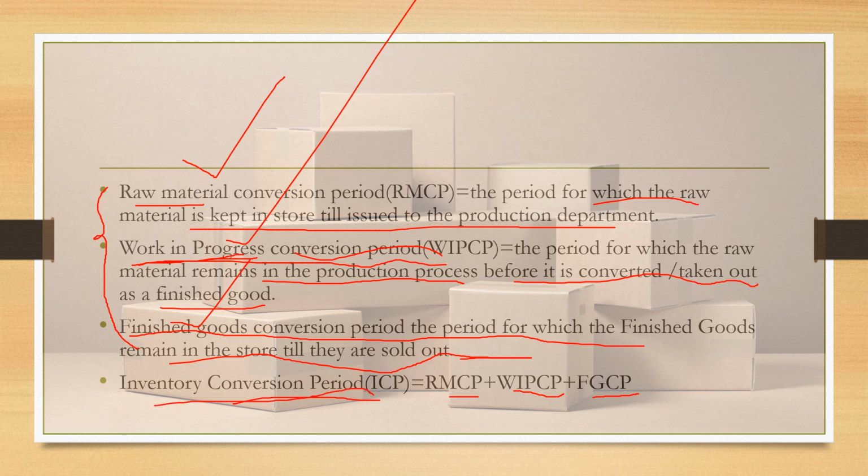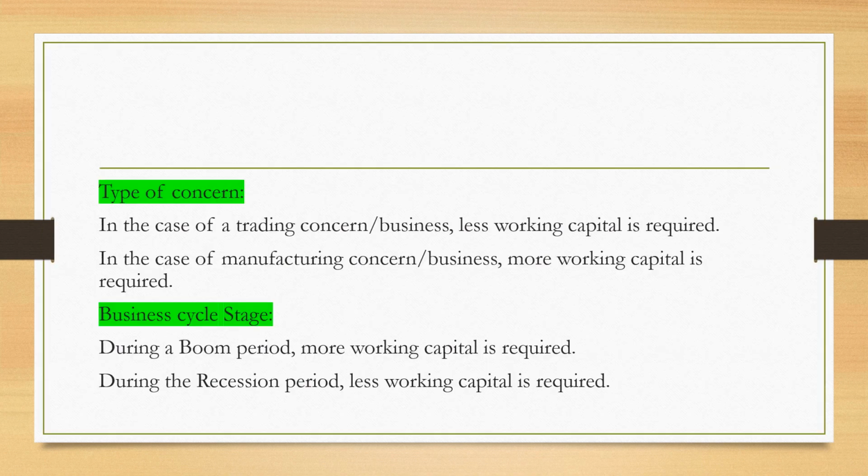See, to produce a final good, we are first procuring raw material. Then we are putting that raw material in process. After that process, we are producing finished goods. After producing those finished goods, we are selling them. Then these three involving processes are called the inventory conversion period.